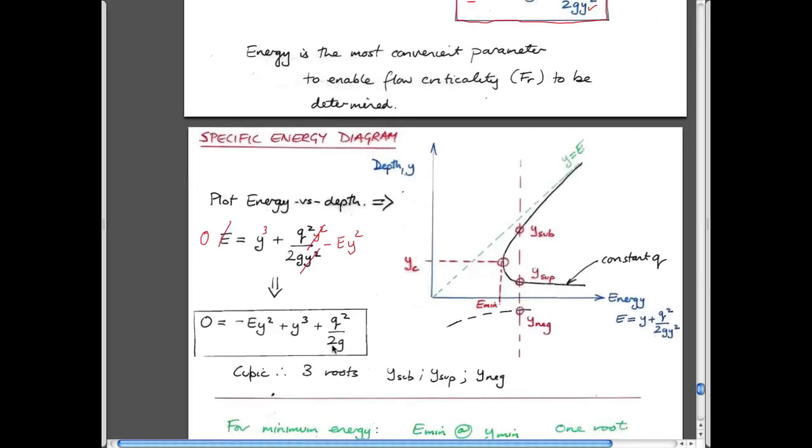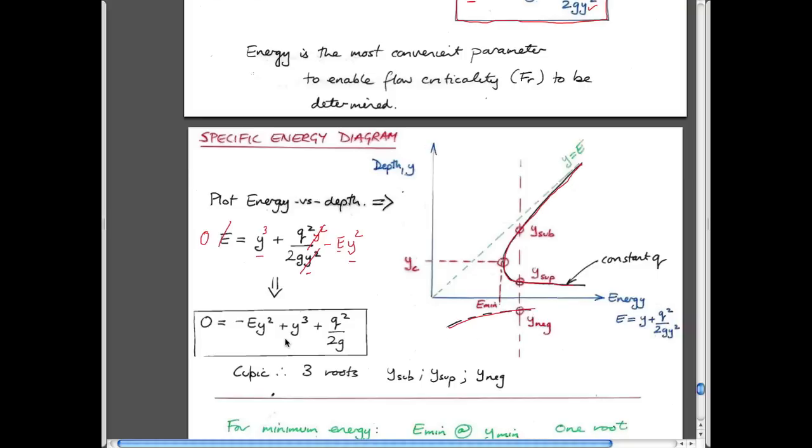And so we know that any cubic expression has 3 roots. For instance, if we plotted the value of y, which occurs here, as a function of energy, which we have here, then we'd end up with a curve that looks like this black curve here. And so we're just taking a whole bunch of combinations of this.